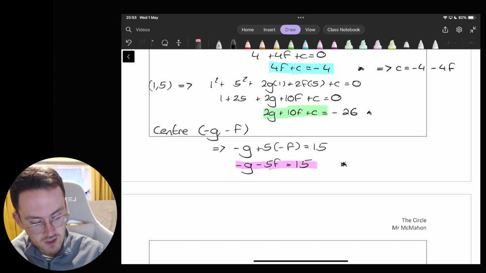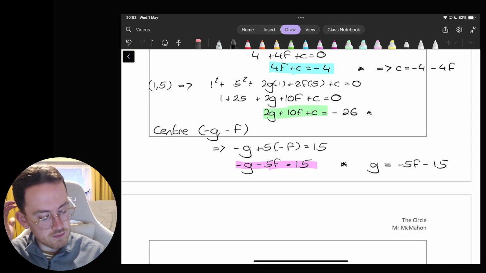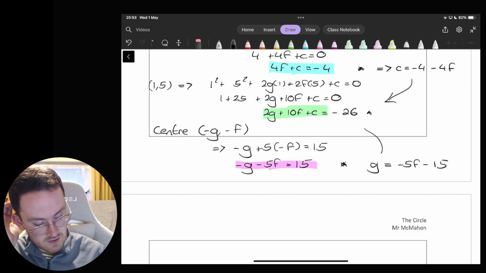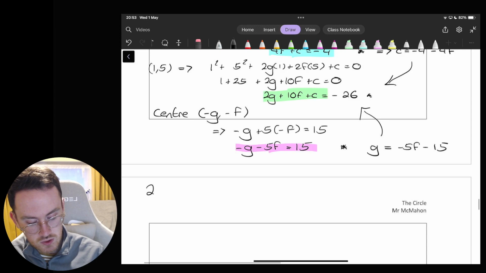For my pink equation, I could rewrite this as g equals minus 5f minus 15. In that way I've rewritten both equations to fill in to the green equation in place of each of those letters.